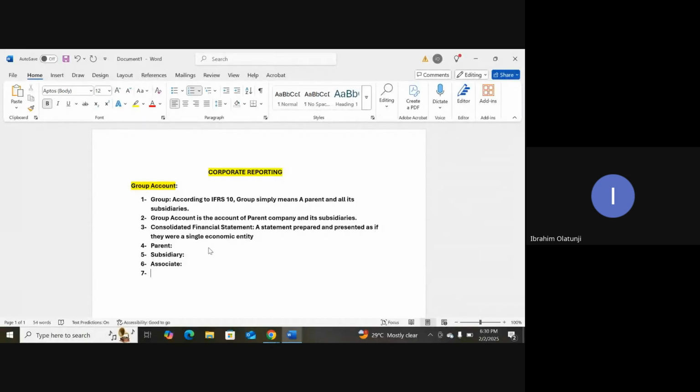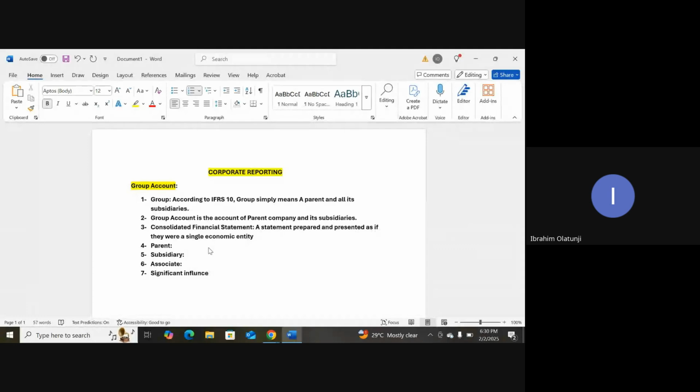When we get to the practical aspect, you will understand what I mean by significant influence. An associate is an entity over which an investor has significant influence. And when we say significant influence, we also need to explain to ourselves what significant influence is.